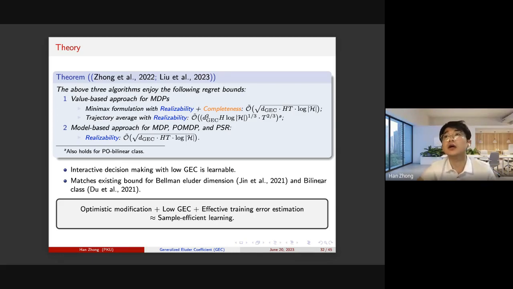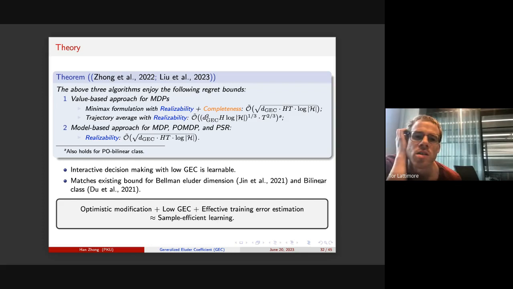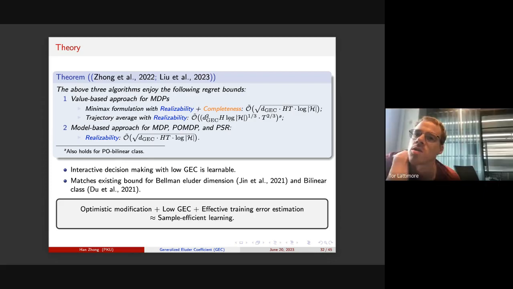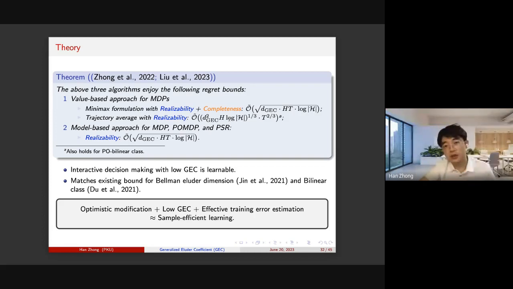And Han, can you say something about why you get the T^(2/3) when you don't have completeness? I guess the completeness you're talking about is that when you apply the Bellman operator, Q stays in the class, right? So where's the 2/3 from? This issue also appeared in previous work, such as the bilinear class.